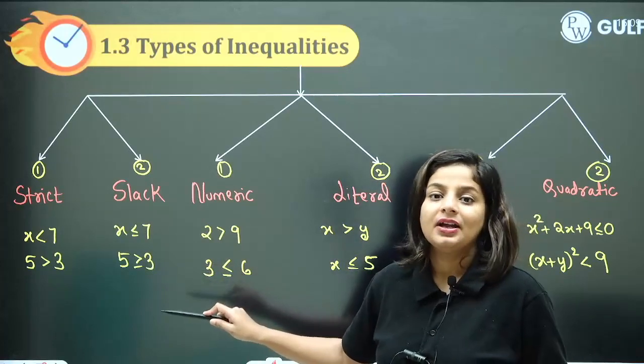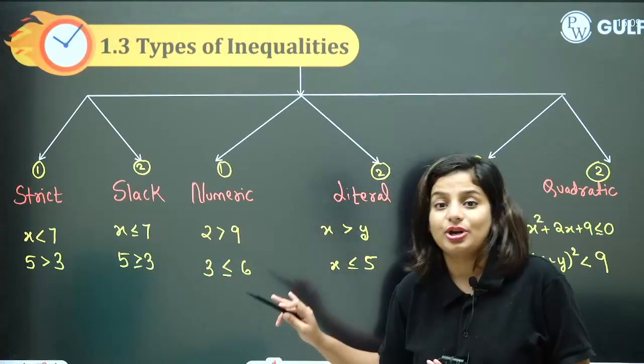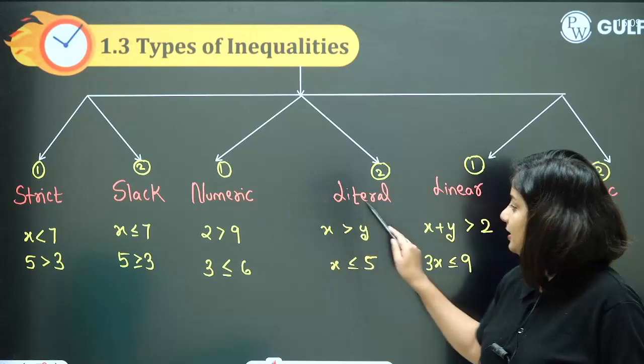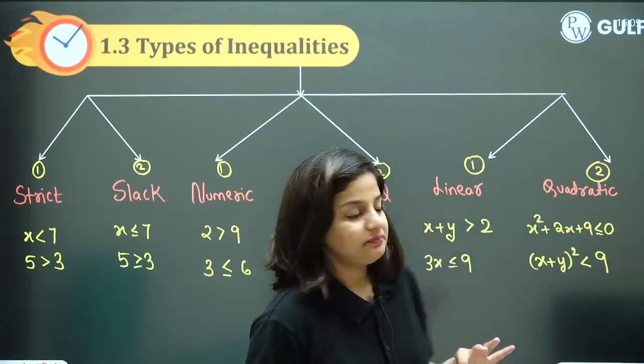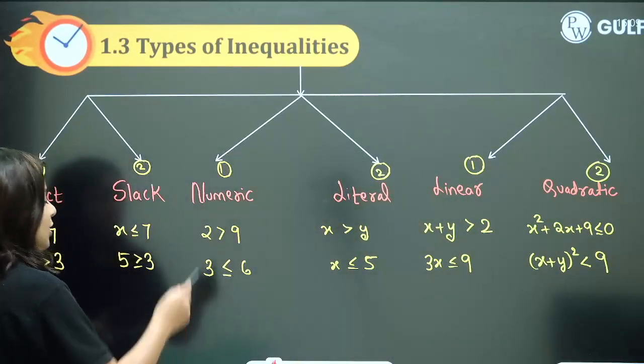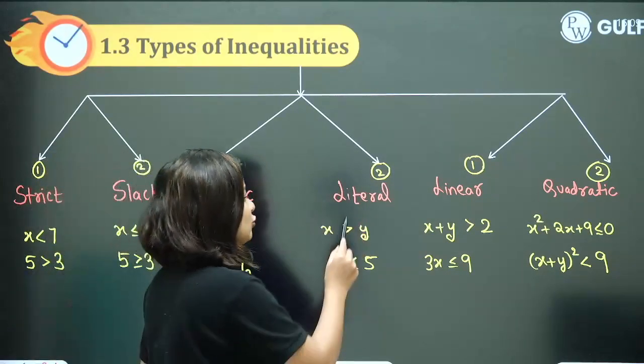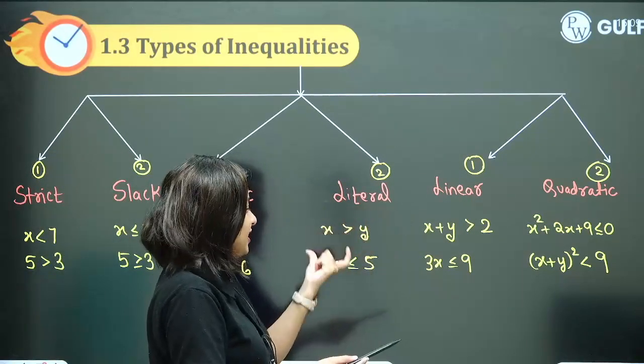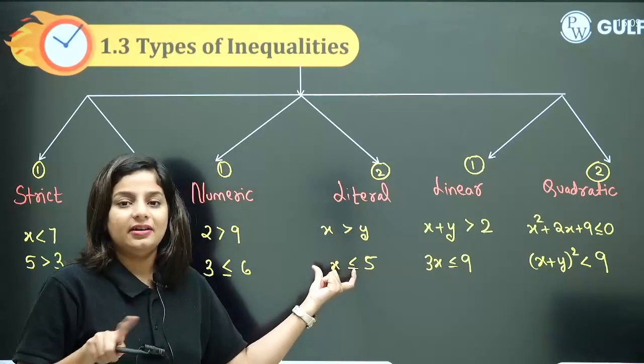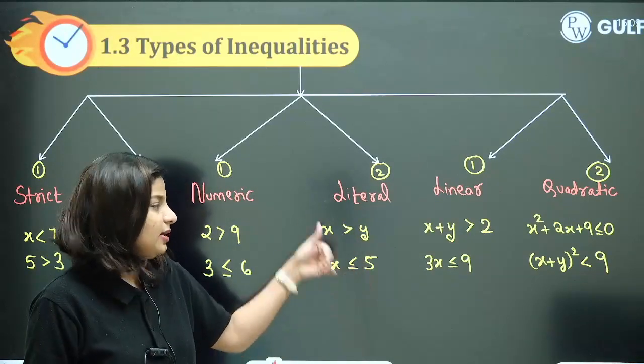Yes. Coming to the second type of categorization, it is based on number and literal. Numeric inequality means only numbers are involved. Literal inequality, also called as variable inequality, where variables or variable and number involved. If you see a variable, literal inequality.